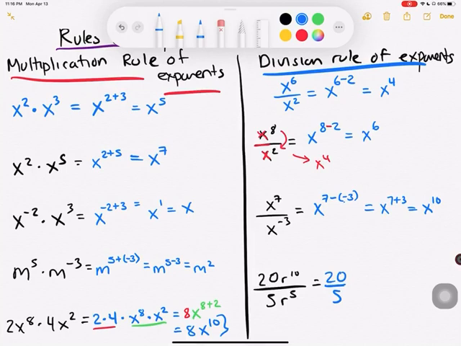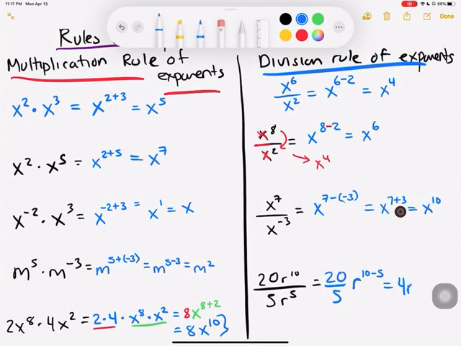Subtraction happens when you have a division of variables that have an exponent. So in this case, it's going to be 20 over 5. And then r, I'm going to keep the base, and I have to take those two exponents and subtract them, top minus bottom. So that's going to be 10 minus 5. And then the big numbers, 20 and 5, you can divide them. So 20 divided by 5, that should be 4, normal division.